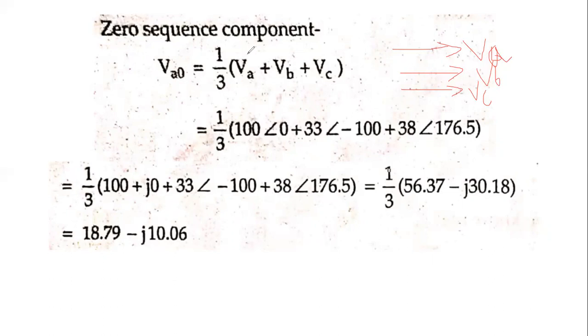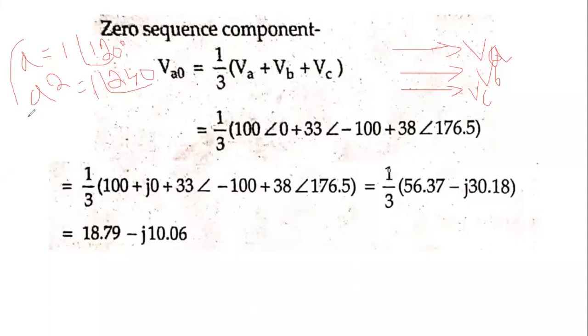In some cases, instead of alpha, we use the term a, which has the same values. What is the value for alpha? 1 at an angle of 120 degrees. And a is also equal to 1 at an angle of 120 degrees. And what is the value for a square? That is 1 at an angle of 240 or minus 120.